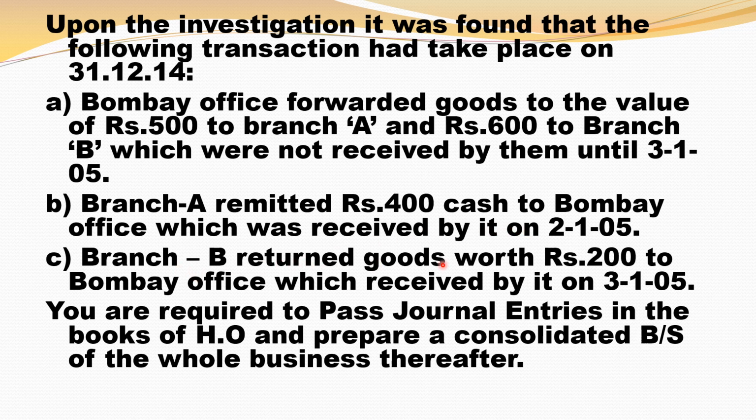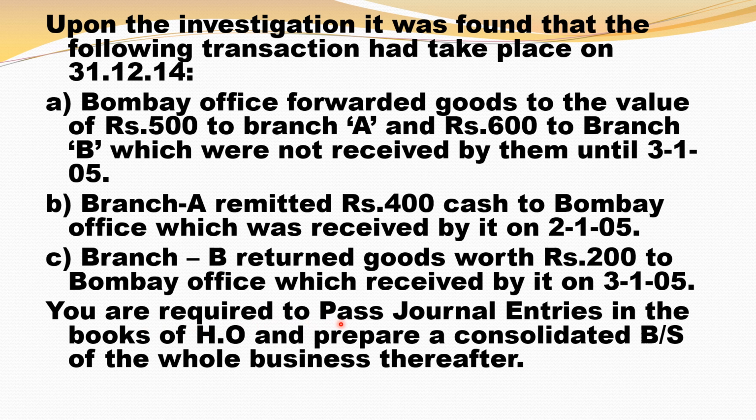Branch B returned goods worth rupees 200 to Bombay office, which was received by it on 3rd January. This is also called goods in transit. So there are goods in transit in point A, 500 and 600, and point C, 200. So we have three goods in transit and one cash in transit.